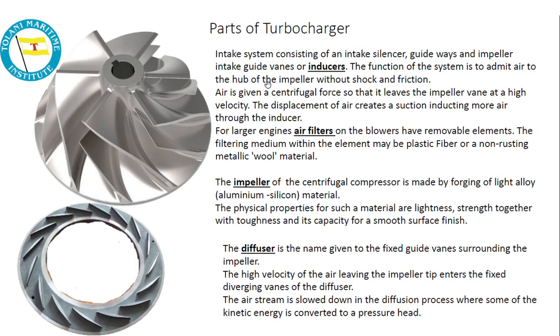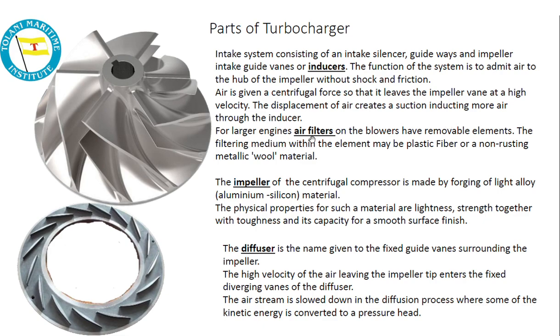Now we see here the intake system consisting of an intake silencer, intake guides, vanes or inducers. The function of the system is to admit air to the hub of the impeller without shock and friction. Air is given a centrifugal force so that it leaves the impeller vane at a high velocity. The displacement of air creates a suction inducting more air through the inducer.